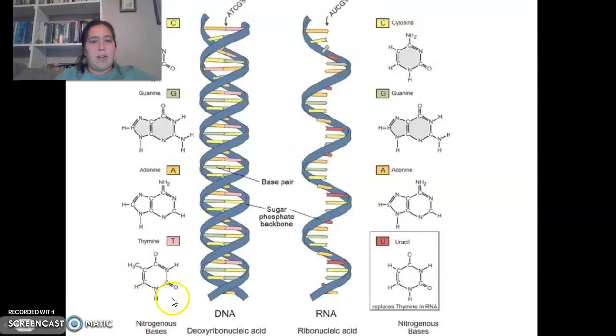Now here we have, again, the DNA and the RNA strand. And I'm showing you what each of those molecules, the cytosine, guanine, adenine, thymine, and uracil, look like in actuality.